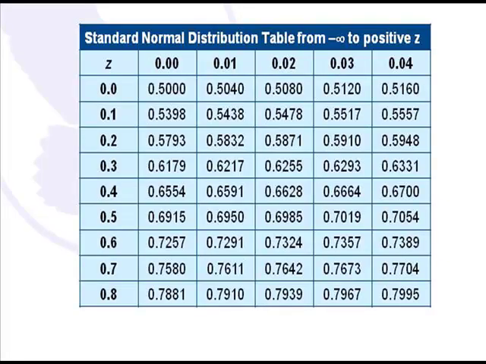If I ask you for a z-score of 0.03, if I asked you what percent of the curve is to the left of 0.50, the percent to the left would be the same as the probability.